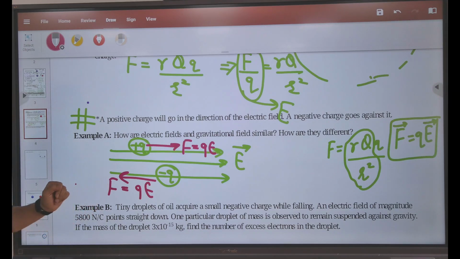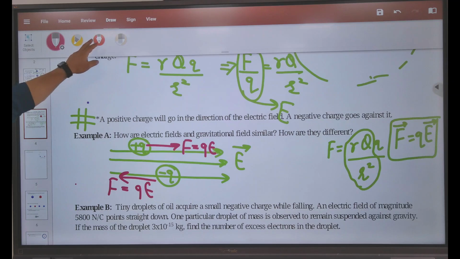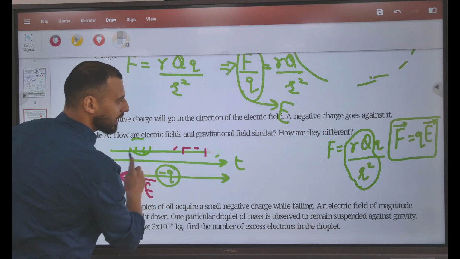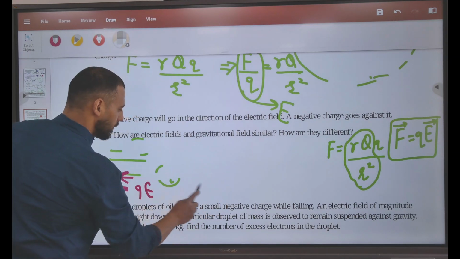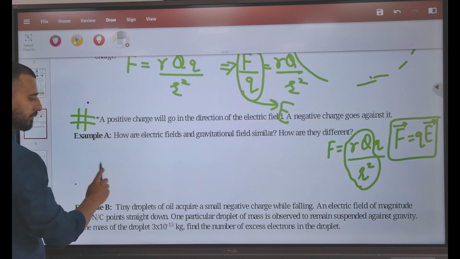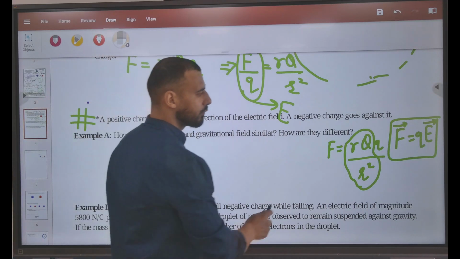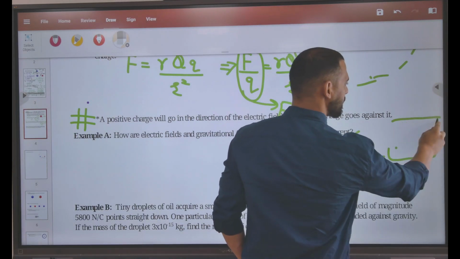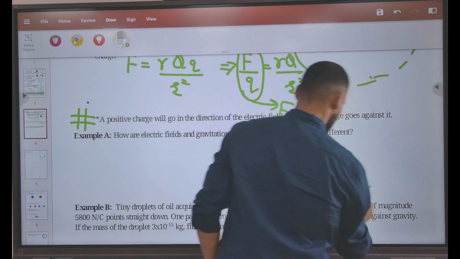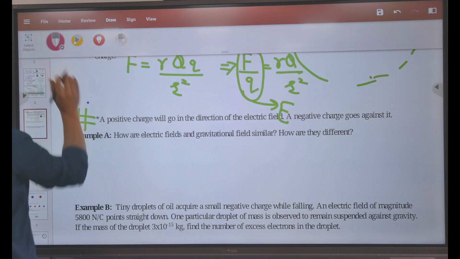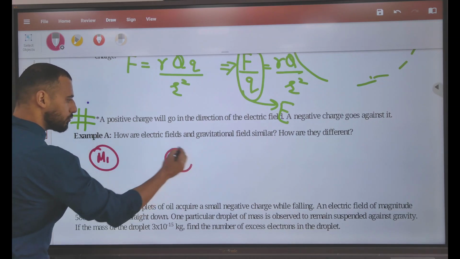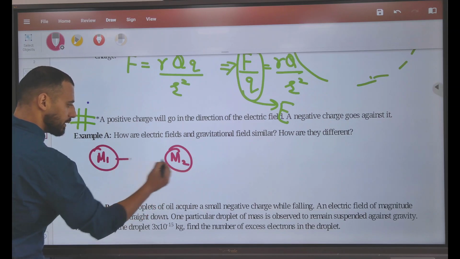Fine? Okay, then we have a question now. Let us try to solve this question. How are electric and gravitational fields similar? You know the force of gravity between two bodies. There are two bodies, one of mass m1 and the other m2, separated by some distance r.